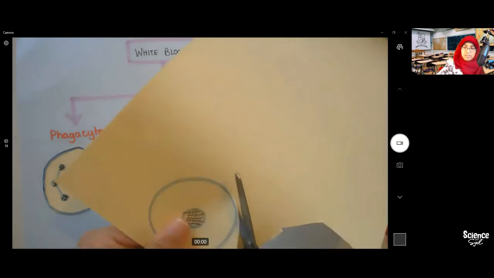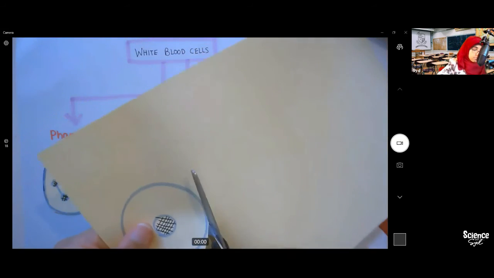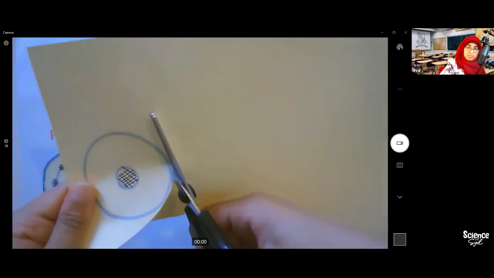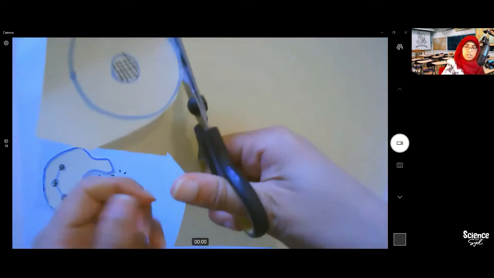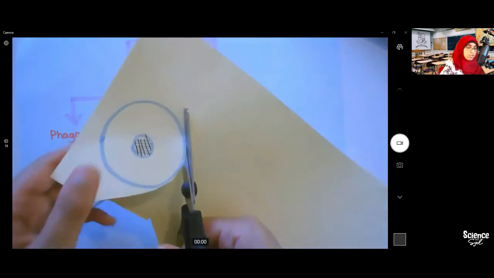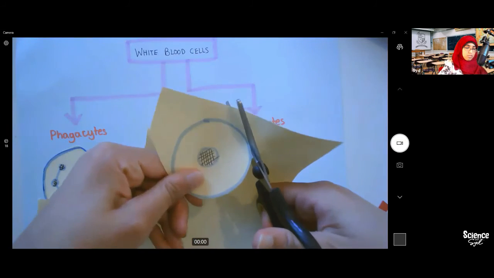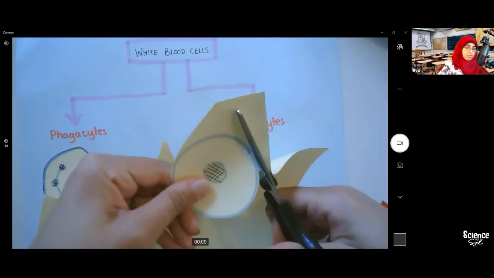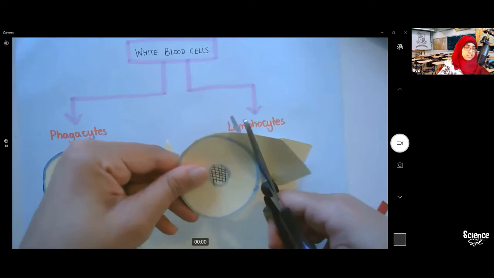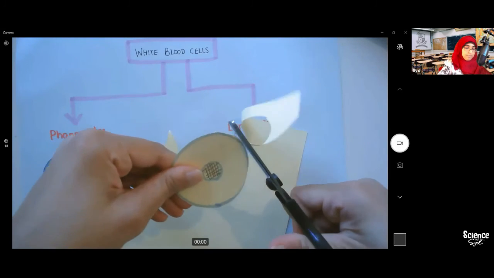So I'm going to cut this out. Right, so this is our lymphocyte.